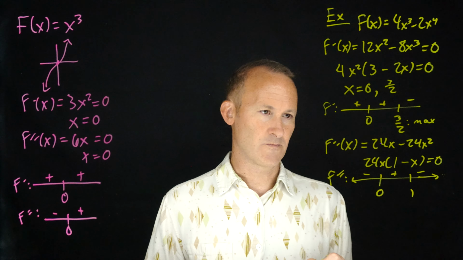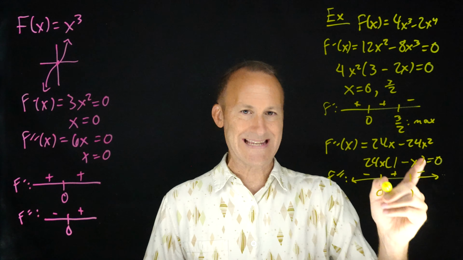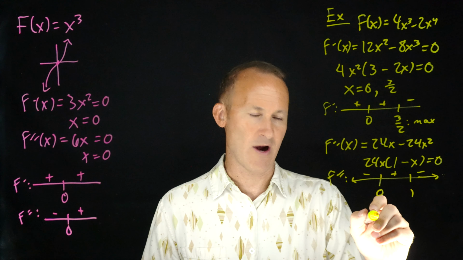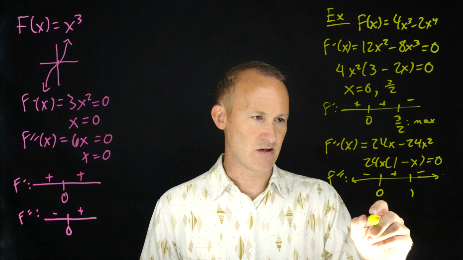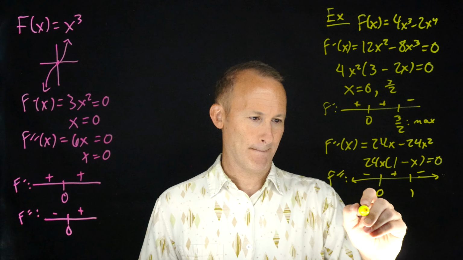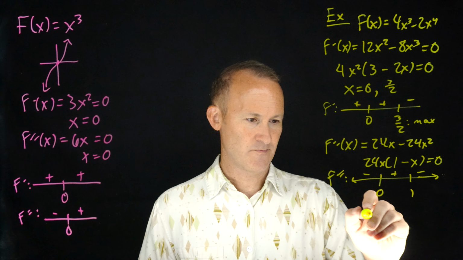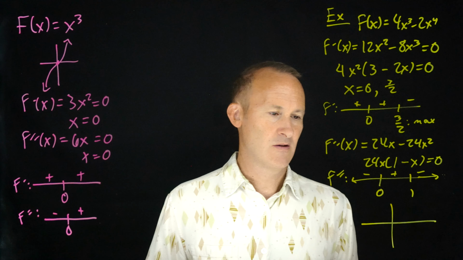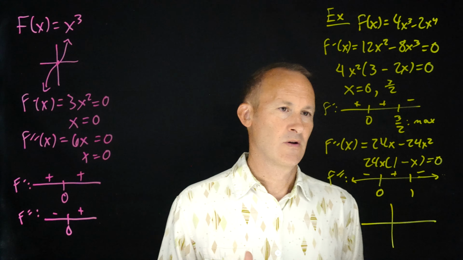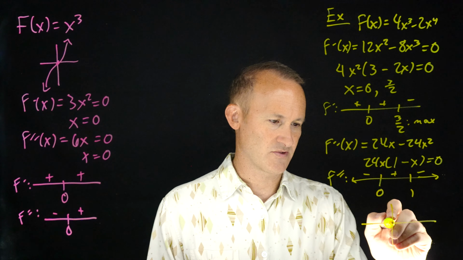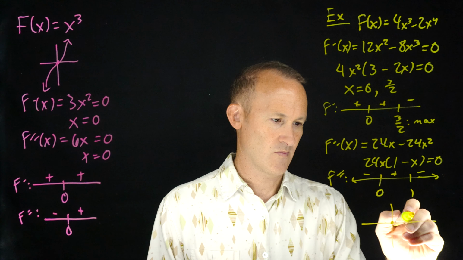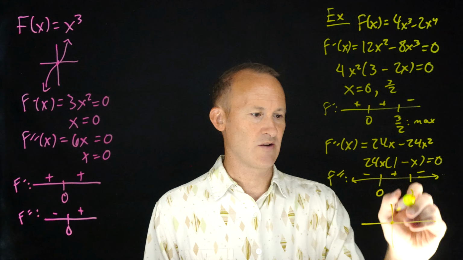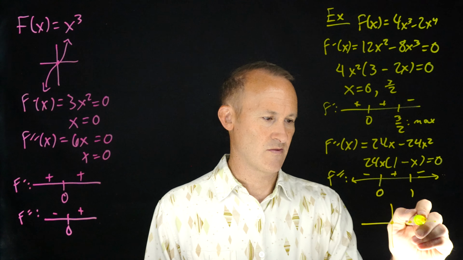Okay, so let's put these pieces together now, just these ones, in a graph, and see what we end up with. Okay, so let's do it something like this. Okay, so our critical points here are x equals 0. Now let's make this a little large so we can fit in everything. 1 and 3/2.